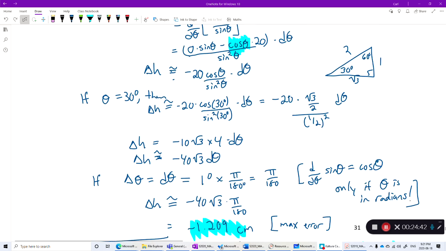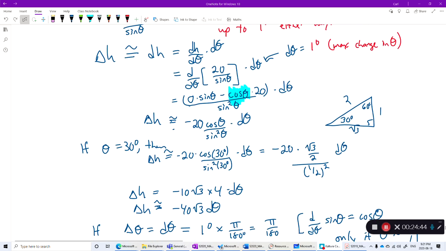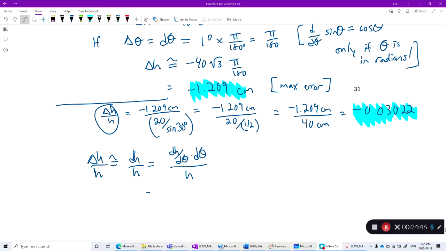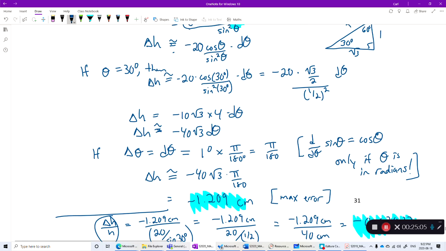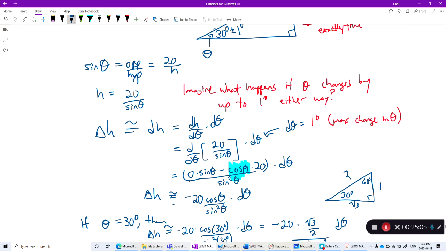So what's the derivative? It was minus 20 cos theta over sine squared theta d theta. And what is h? Let's use the formula for h: h is 20 over sine theta.